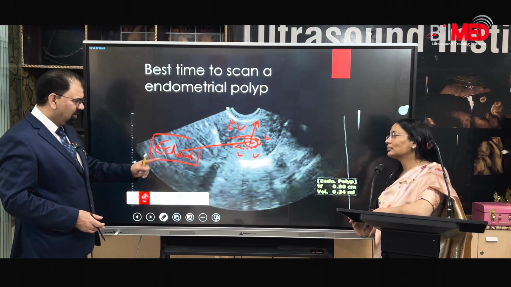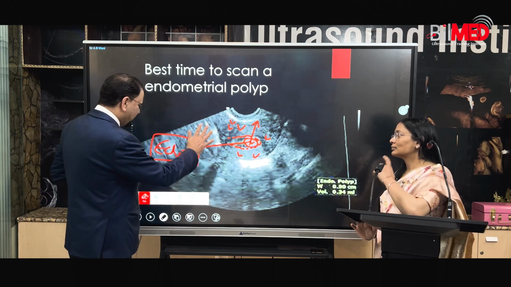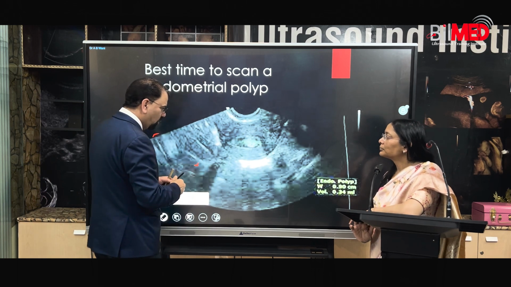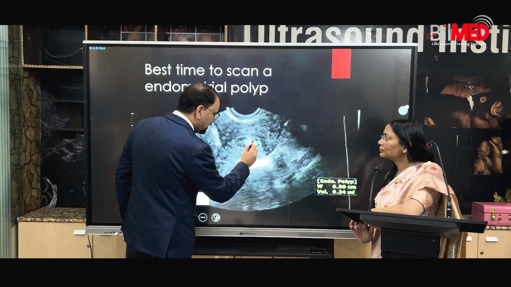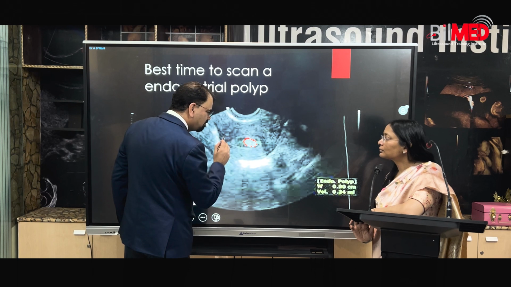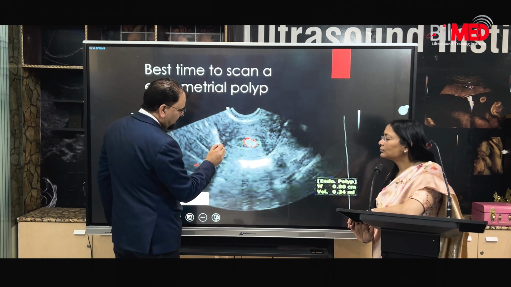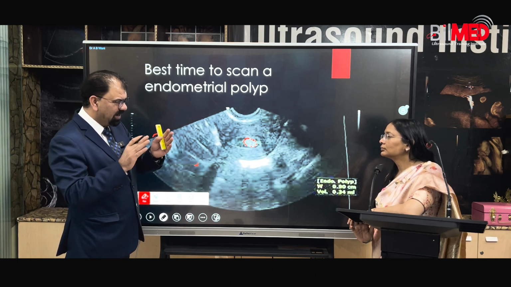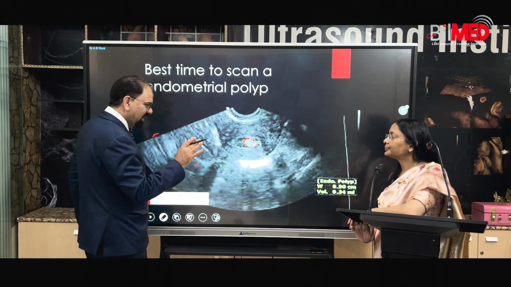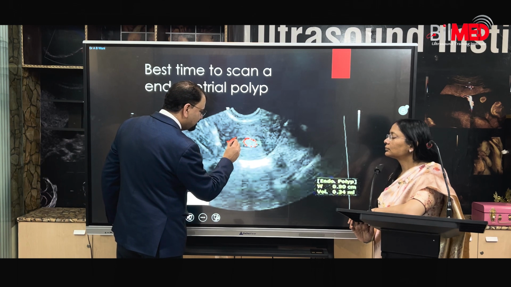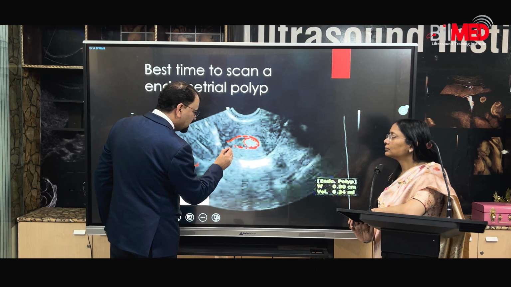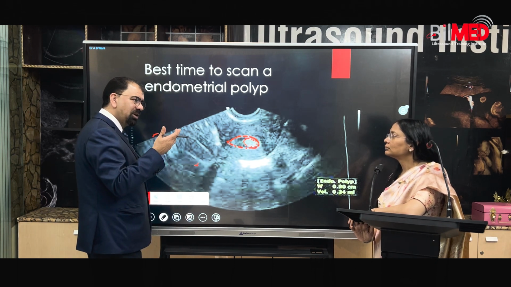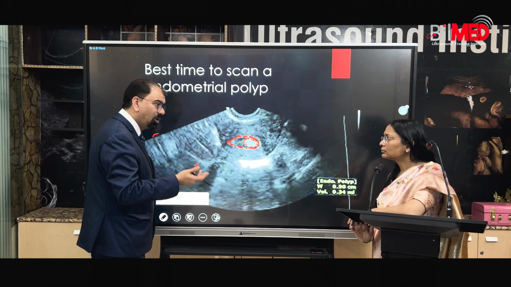Now, if I have a hyperechoic polyp here, and I am in the luteal phase, my endometrium is very thick, not only thick but hyperechoic also.